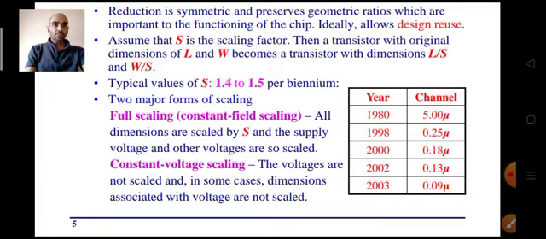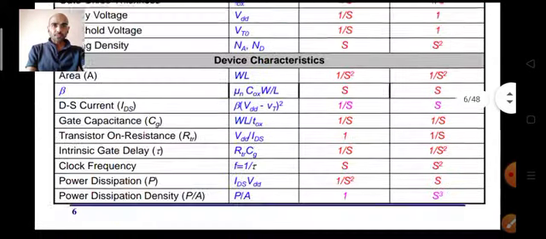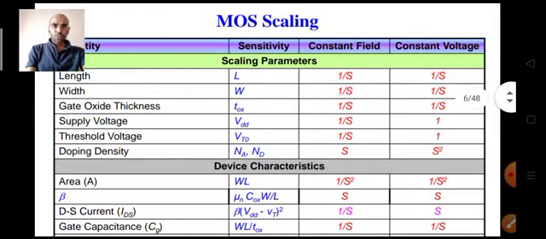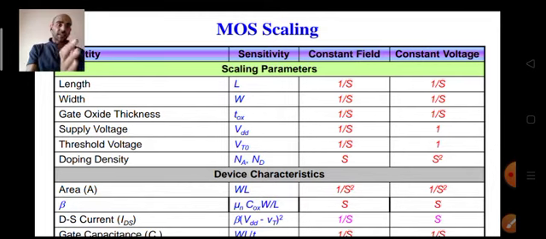Now I have tried to include everything about how constant field and constant voltage scaling affect your various device parameters. We'll see this in a short table.